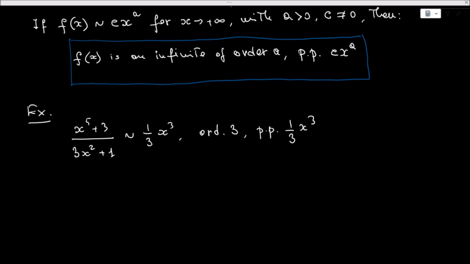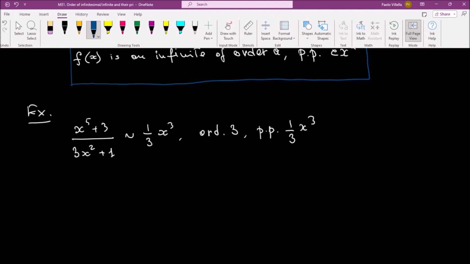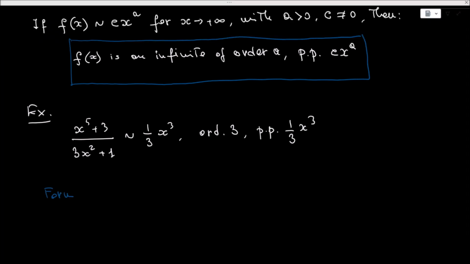Now the formal proof of this is simply that we can determine the limit as x goes to plus infinity of x to the fifth plus 3 divided by 3x squared plus 1, divided by 1/3 x to the cube.